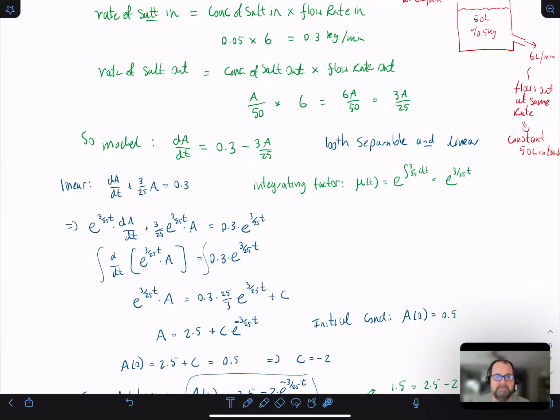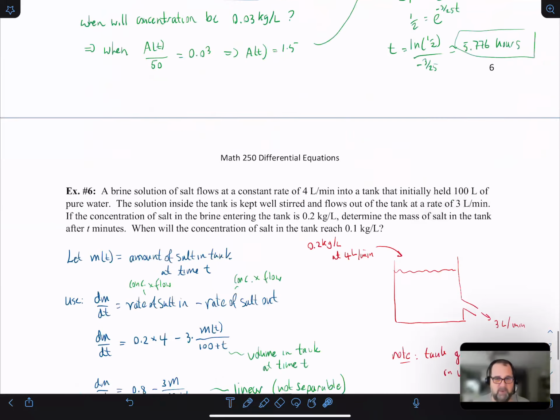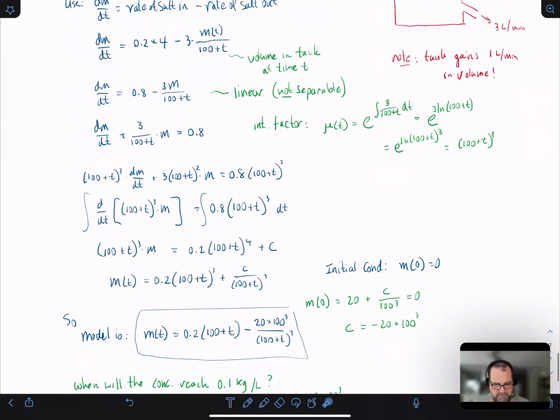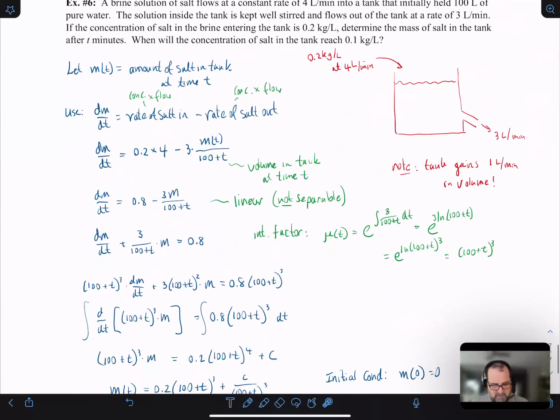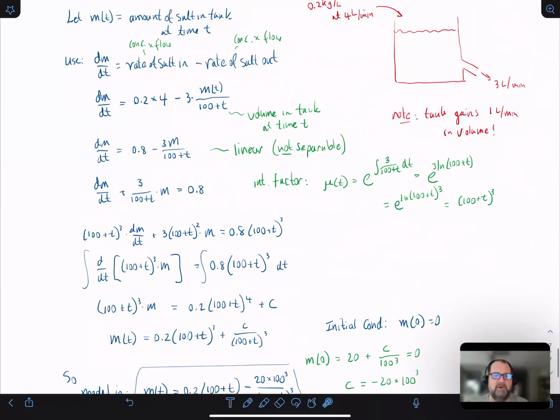And then last but not least, we have another mixture problem, a different one that works out a little more difficult. We will talk through the derivation of this dE, but for now I'm just going to look at how to solve something like this.